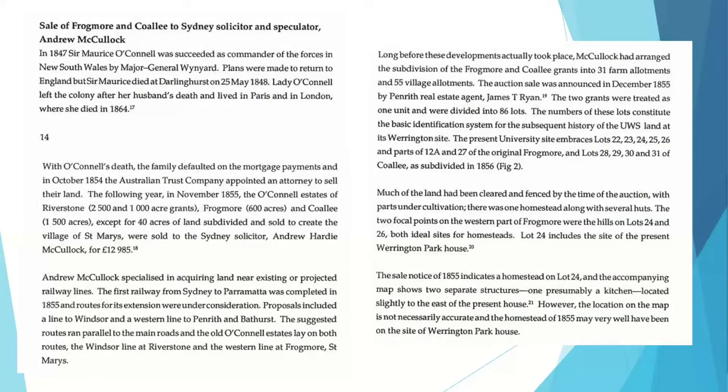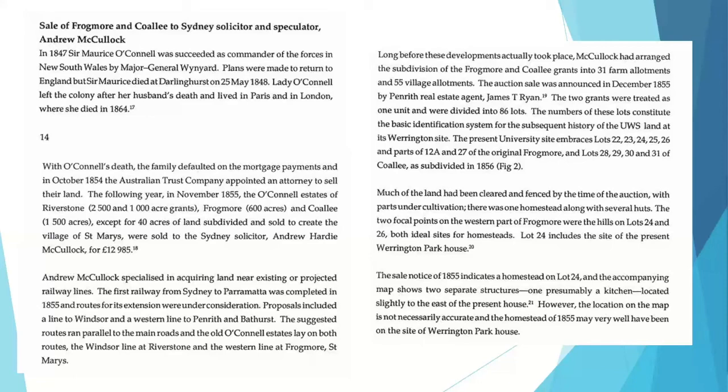Maurice O'Connell dies in Sydney in 1848, and Lady O'Connell goes back to England, Paris and London, where she dies in 1864. They default on the mortgage payments, and so the Australian Trust Company sells up, and it gets sold to Sydney solicitor Andrew Hardy McCulloch, who specialises in acquiring land near railway lines, presumably to make some profit.